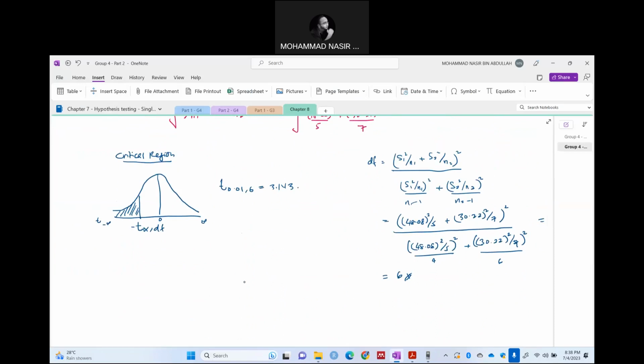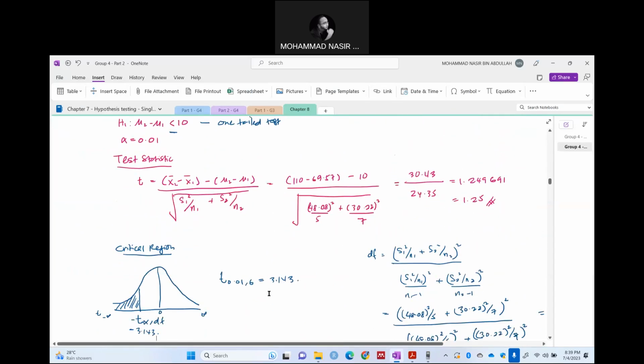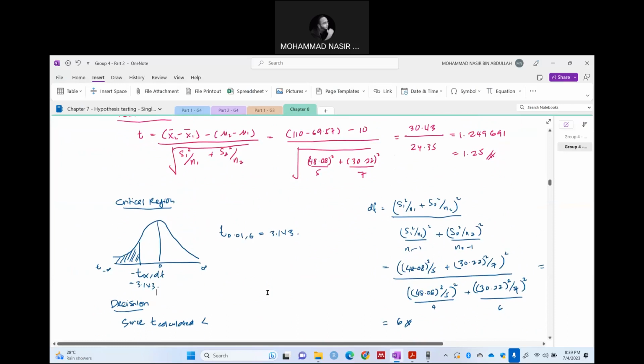So we make a decision. Since T calculated is equal to 1.25, is it less than negative 3.143, right? T calculated is 1.25.